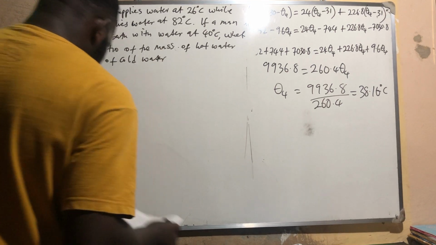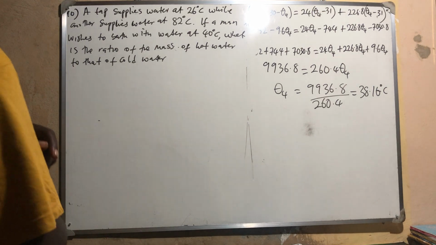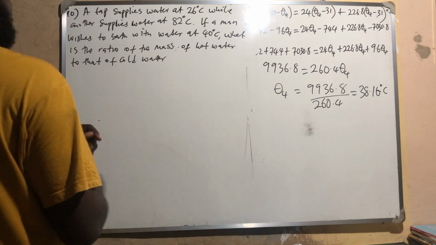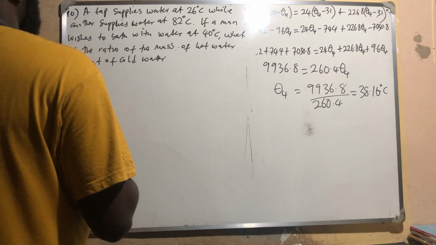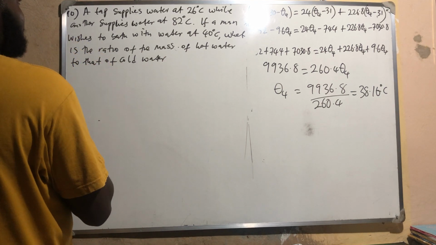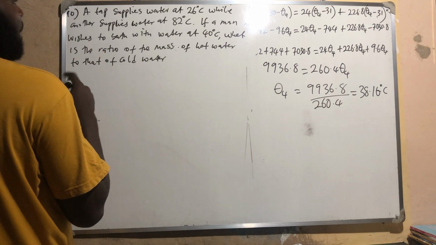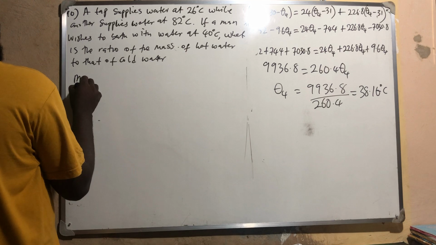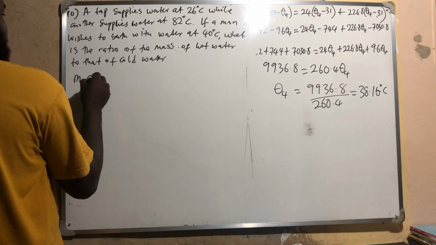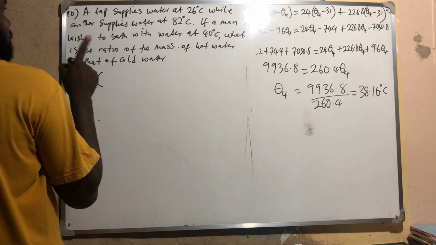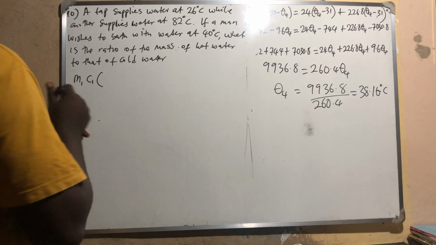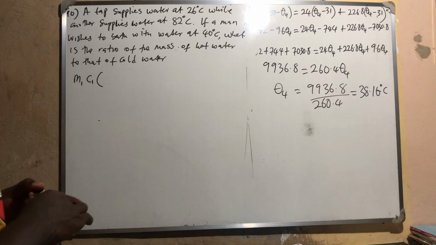Okay, it's a very simple question. Well, let's take M1 to be that of the cold, then M2 that of the hot. So we have that what? That my M1 C1 times the change in temperature for cold, because what happens when they mix?